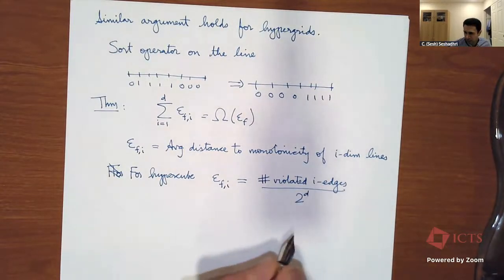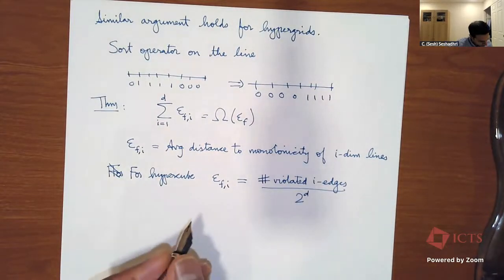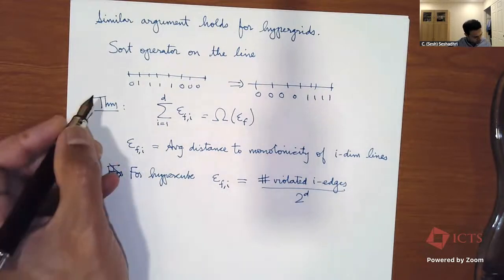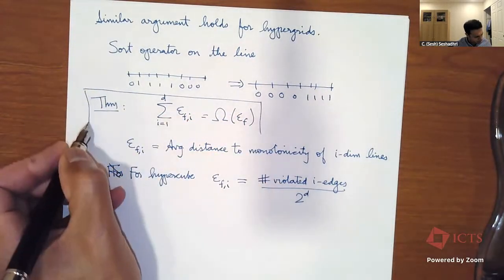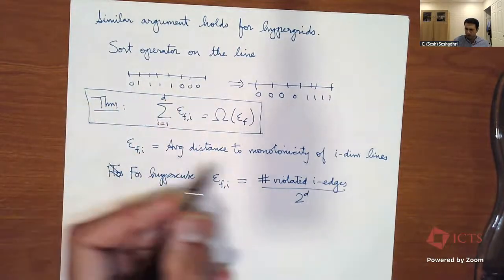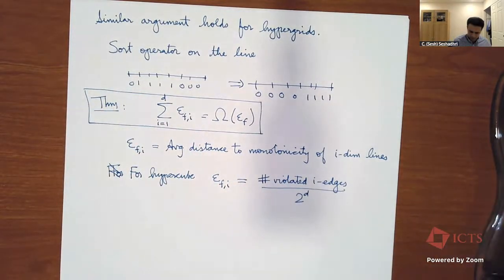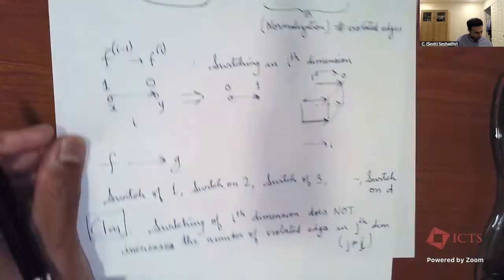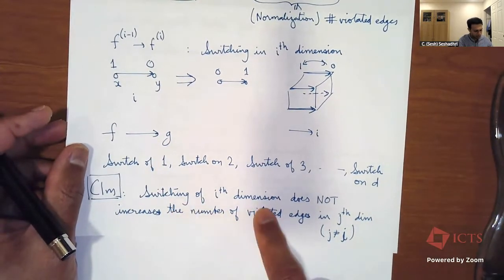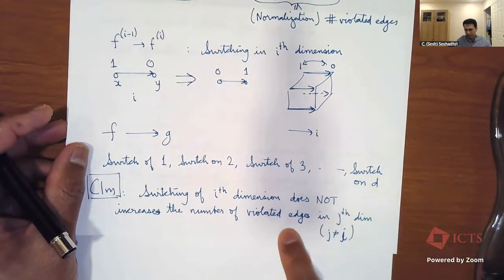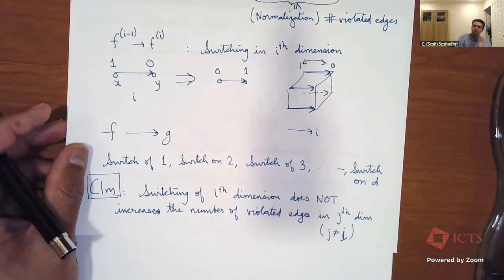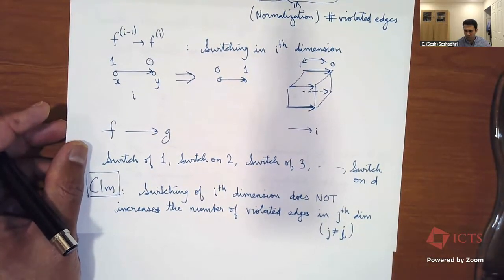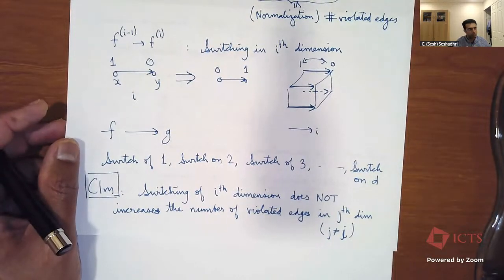Again, up to a factor of 2 probably. Okay, so this is how you generalize for hypergrids. I won't go into the proof here, but essentially you can follow a similar strategy, and again prove the statement where you switch on the ith dimension. Now, you don't do the number of violated edges. You have to argue about the distances there. It's more complicated, but essentially the idea goes through.